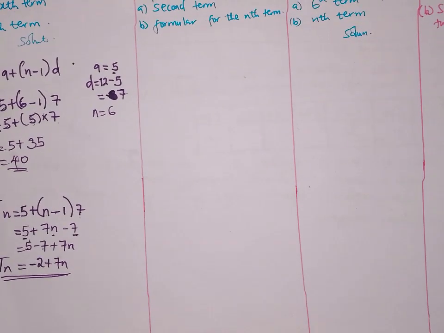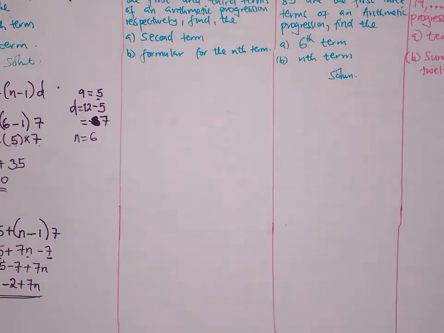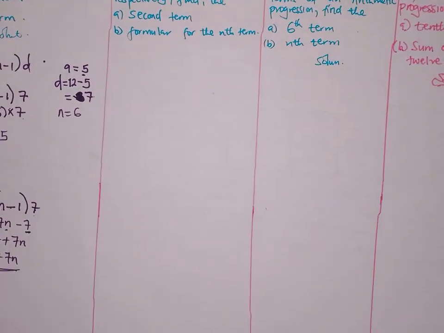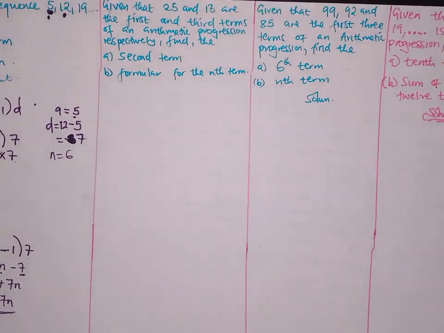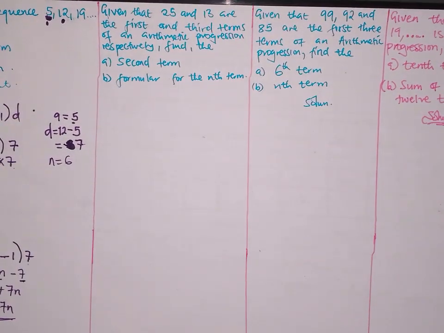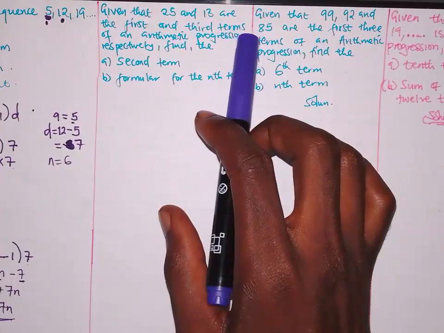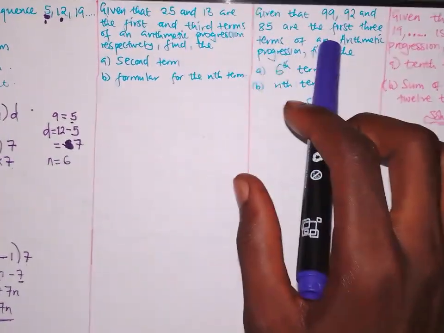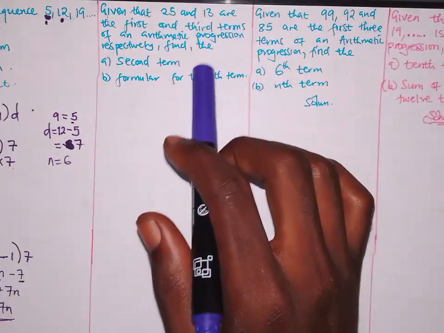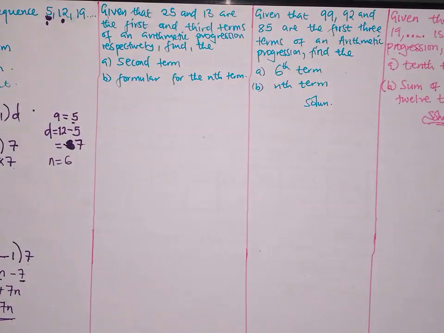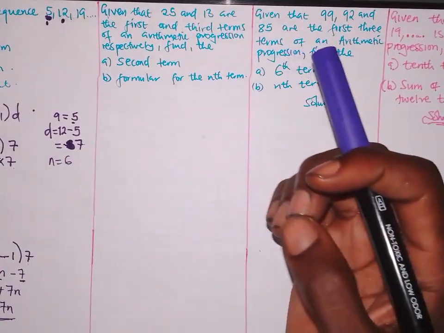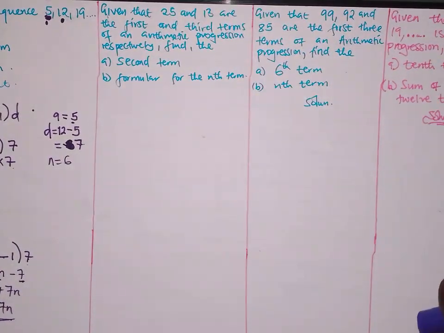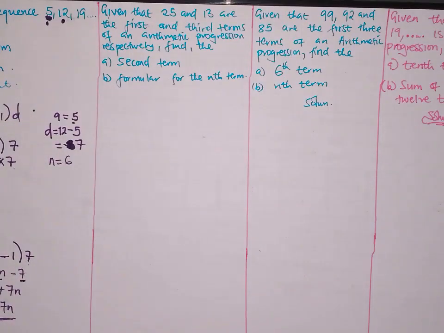Then we come to our second question. It says, given that 25 and 13 are the first and third terms of an arithmetic progression respectively, find the second term. B, find the formula for the nth term. In this second question, read the question carefully and understand it.